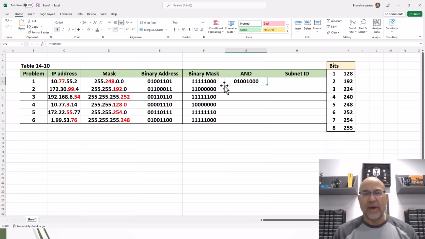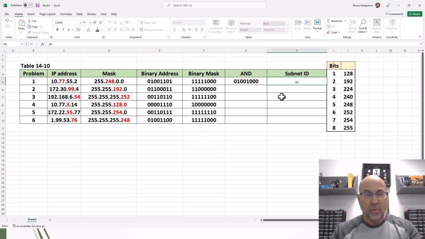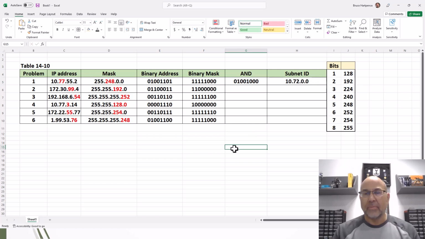So what is this value now? We get 64, 32, no, 16, no. So it's 64 plus 8, or 72. So we would wind up on a subnet of 10.72.0.0. Okay, if you followed along with that one, let's tackle the next one.